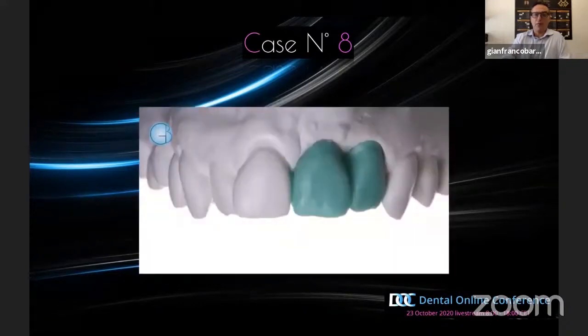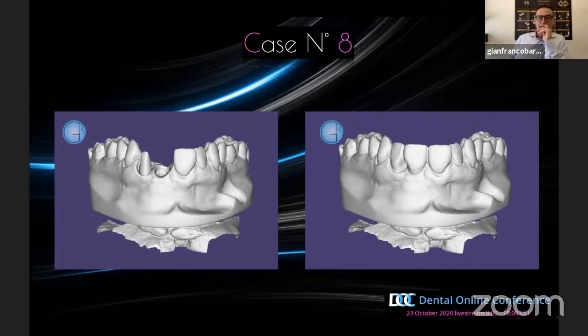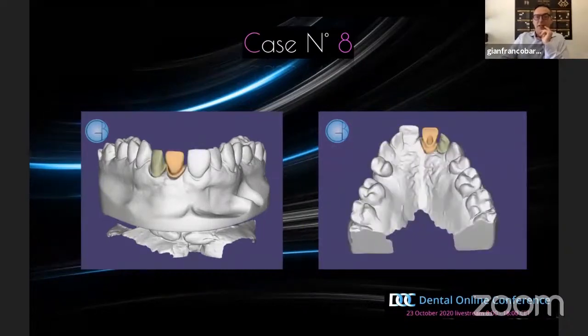Start like always with the wax-up, then send the wax-up to the milling center, and we can appreciate in this slide that the wax-up scanned shows a really natural shape in emergence, even if in the distal papilla we have lost a lot of it.